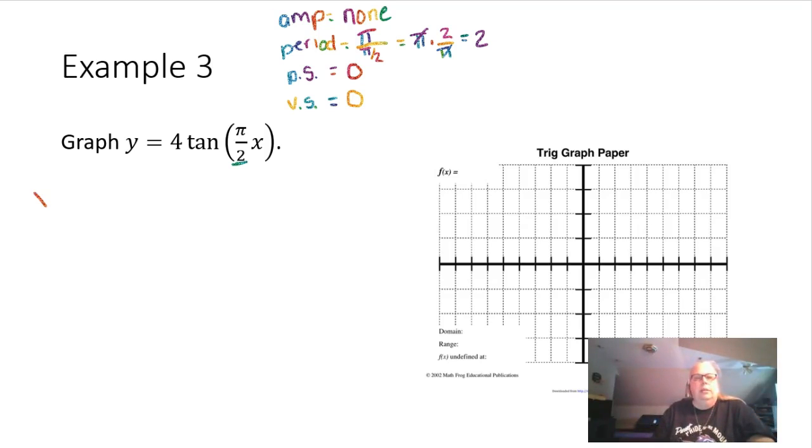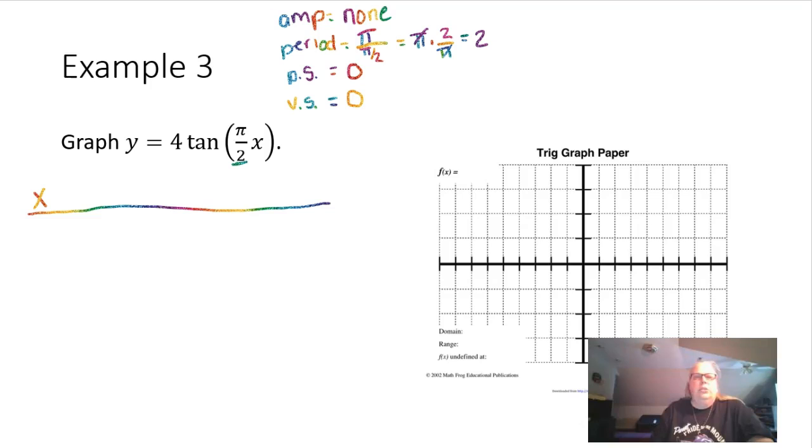All right, let's go pick our angles that we're going to use. The special angles for the tangent, we have 0, pi over 4, pi over 2, 3 pi over 4, and pi. That all includes asymptotes, a 0, and 2 other points that are nice to graph because they give us nice, pretty integer numbers.